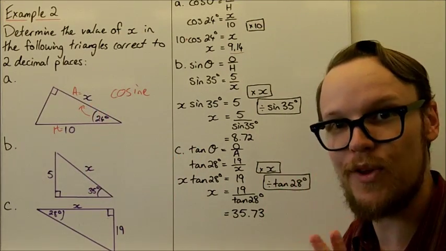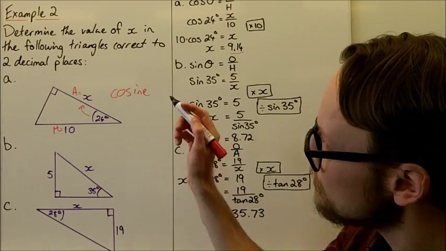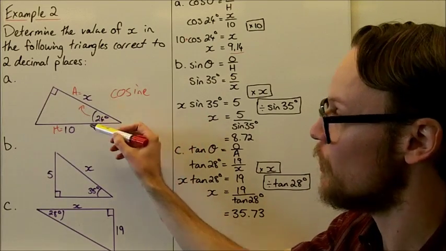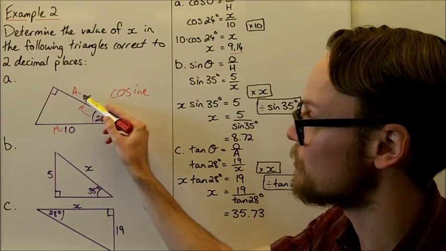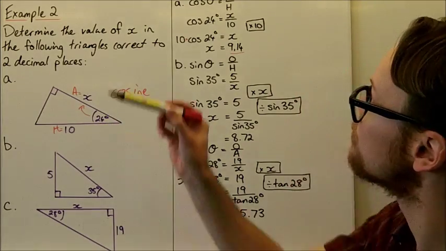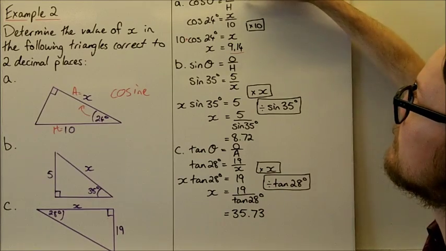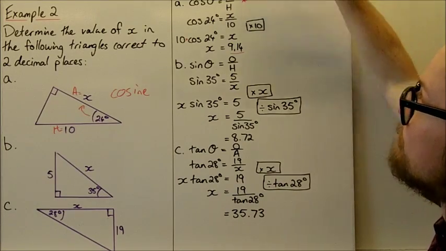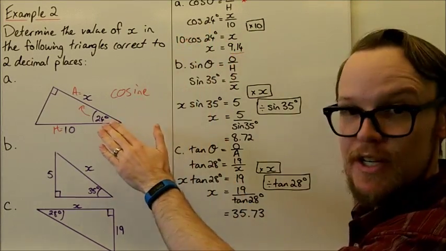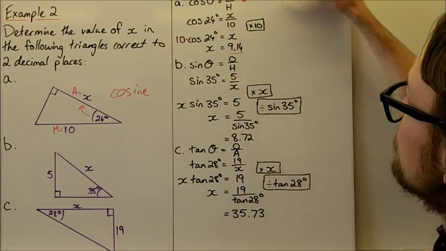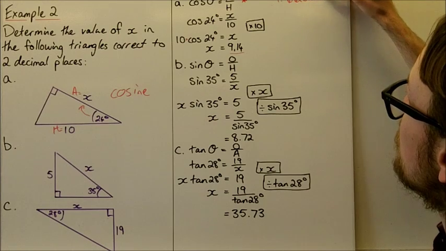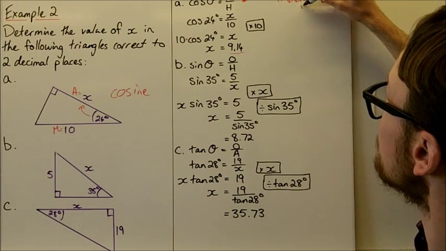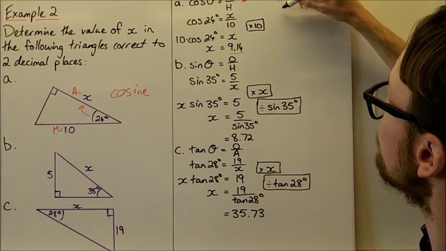So what are the steps that we've done? Firstly, we found which ratio we needed. We know that it's cosine because we've got the adjacent side and the hypotenuse. Step 1 was to determine the ratio that we need to use.